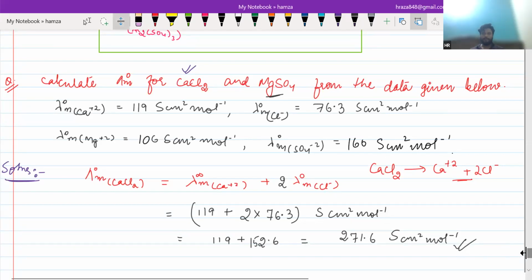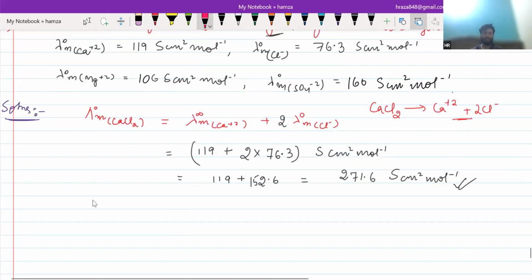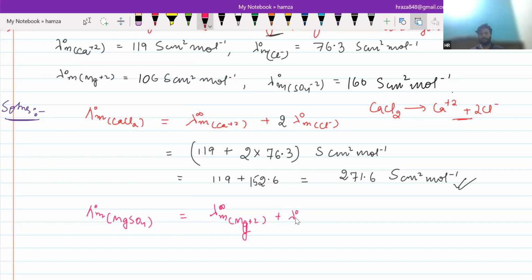Okay, so the answer will be basically 266. You can do it easily. Lambda naught m for MgSO4 will be lambda naught m for Mg plus 2 plus lambda naught m for SO4 minus 2. It is directly given and it is balanced.